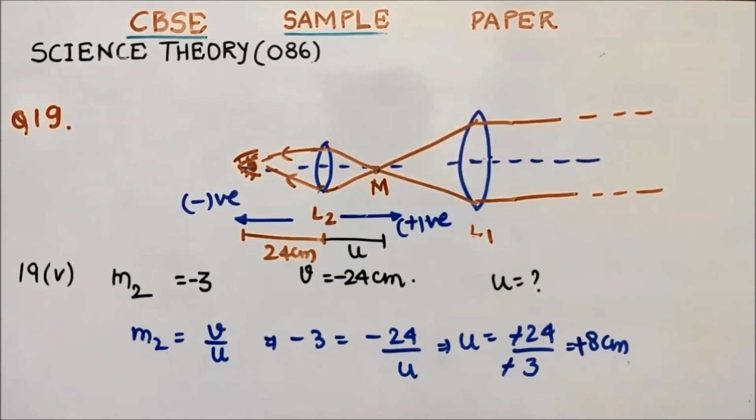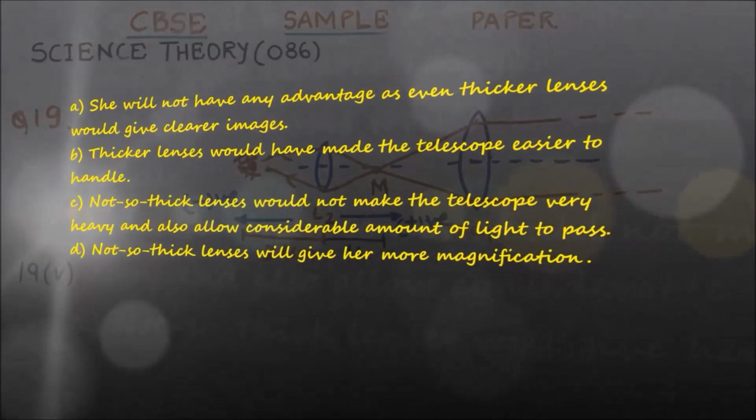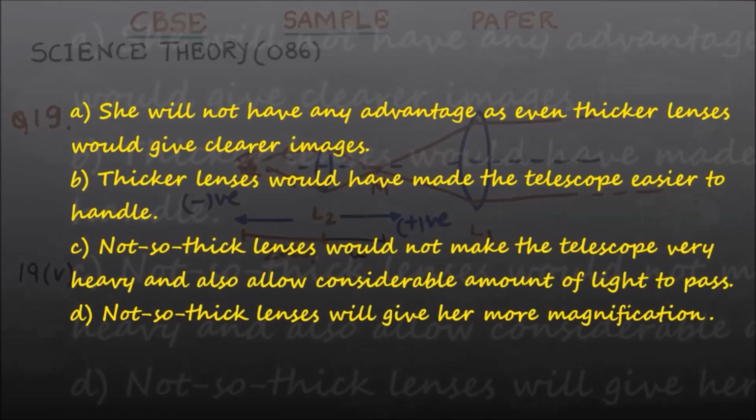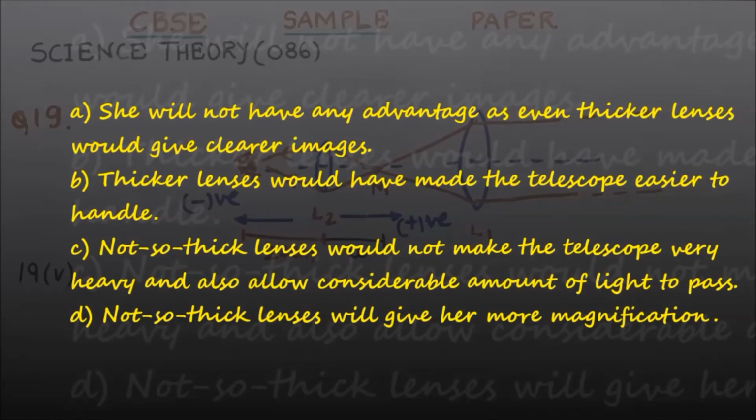Now let's see the options. She will not have any advantage, even thicker lenses would have the clearer image. So that's not right. Okay, if she is using a lighter lens, what is the advantage? The lighter lens is easy to handle. Okay, the cost of the lens will also be less. Right. Next, thicker lens would have made the telescope easier to handle. No, thicker lens will make it very difficult to handle the telescope.